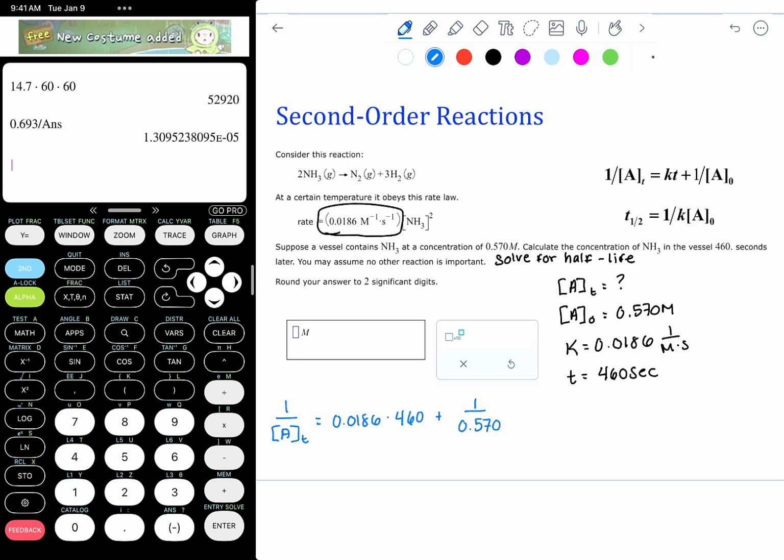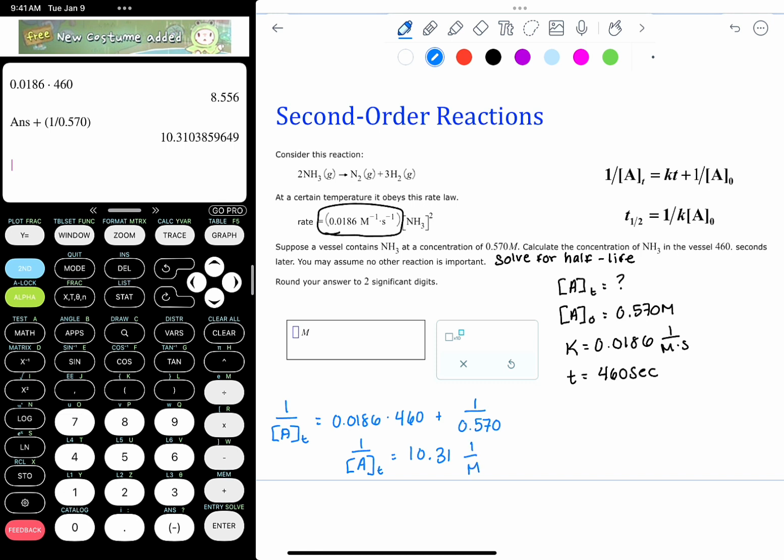So let's simplify. 0.0186 times 460, add to that 1 divided by 0.570. And we get that the 1 over the concentration at some later time is equal to 10.31. And that's 1 over molar.